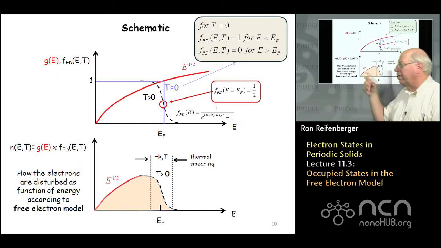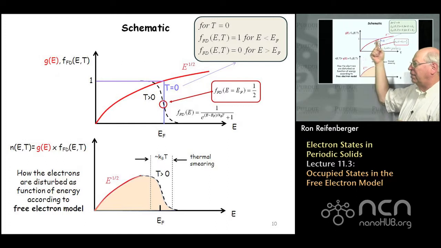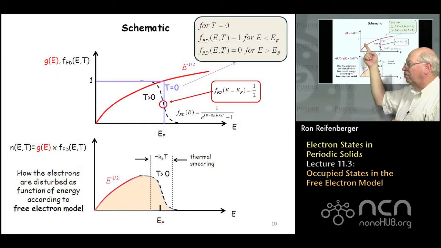So what I do here is I show the density of states in red, and the density of states has this E to the 1/2 functional dependence associated with it. I must multiply that G of E curve by a Fermi-Dirac distribution function, and I list a few different shapes for the Fermi-Dirac distribution function.